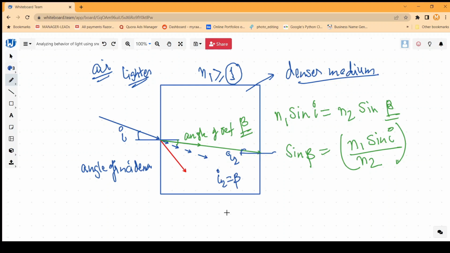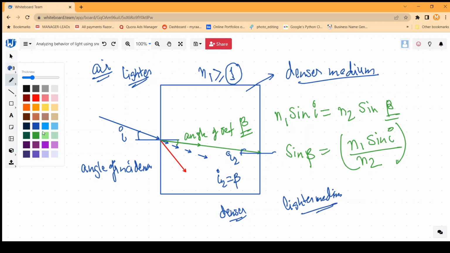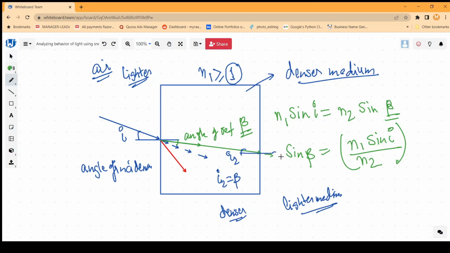And now as it tries to cross to the different medium, it is going from a denser medium to a lighter medium, right? So now if there was no refraction, we expect this light to go like this, right? But we know it is not going to go very straight, but it is going to be refracted. Now it is going from a denser medium to a lighter medium.